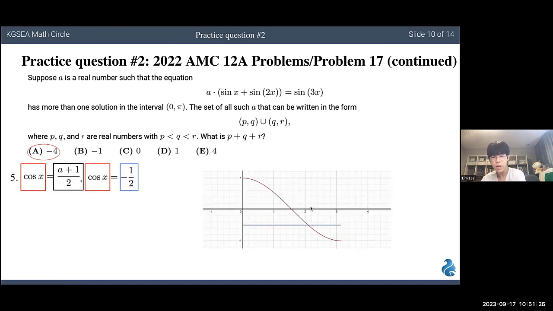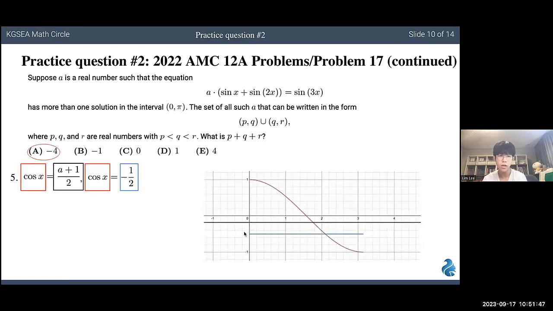But then something we can notice here is that when the black line just meets the blue line, which is cosine x equal to negative 1 over 2, we can see that there's only one solution in the interval 0, pi. And therefore, a plus 1 over 2 cannot equal negative 1 over 2 because there's only one solution.